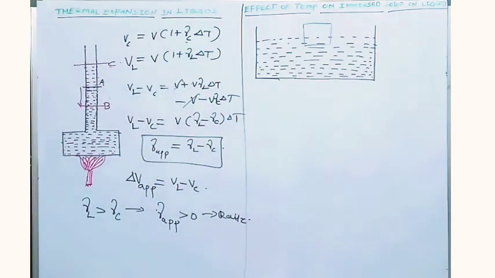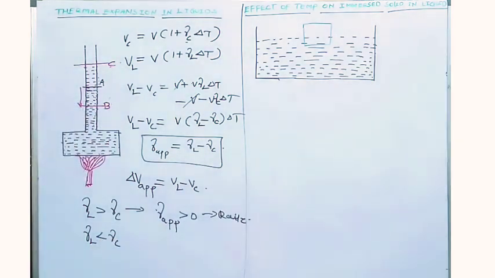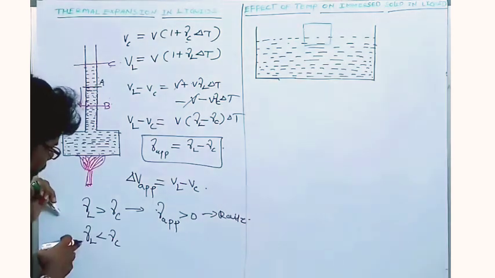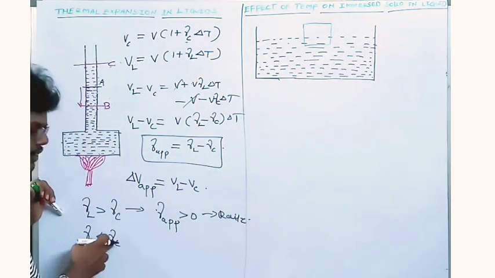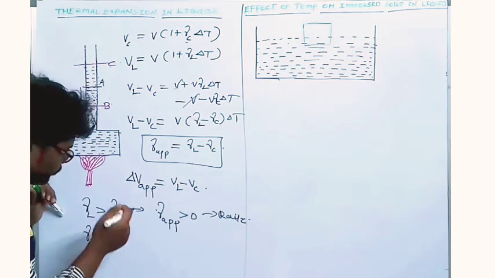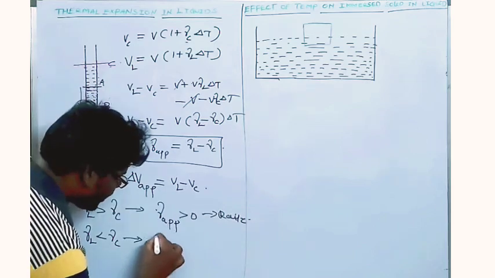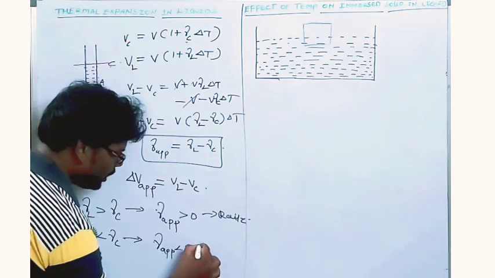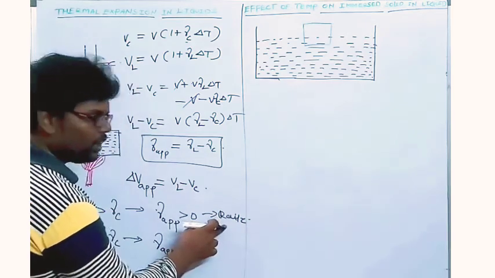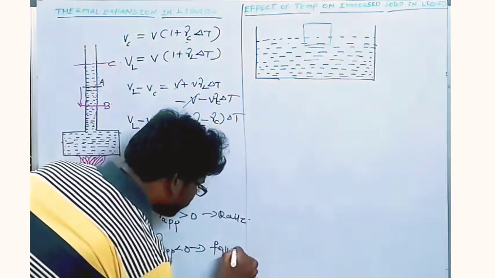For gamma L less than gamma C, that means the coefficient of thermal expansion of the liquid is less than that of the container, the apparent value of gamma is less than 0. That means the level of the liquid will fall down.